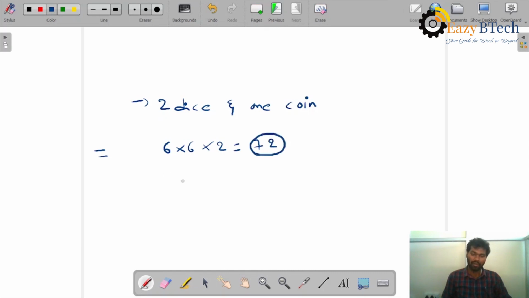Suppose you want to write one event, that is one on the first die, one on the second die, and T. Another one is 1, 1, H. Likewise, there are totally 72 combinations. So this is called the combined sample space.